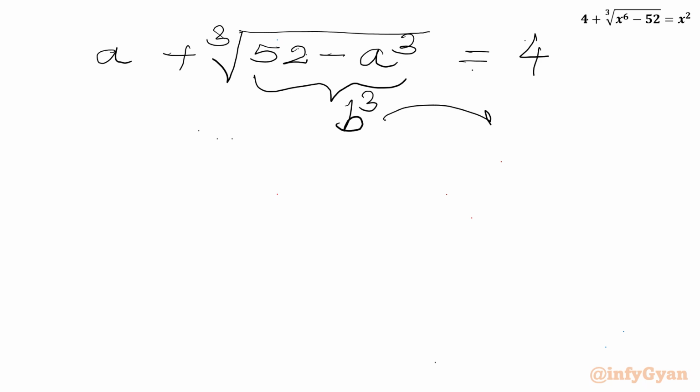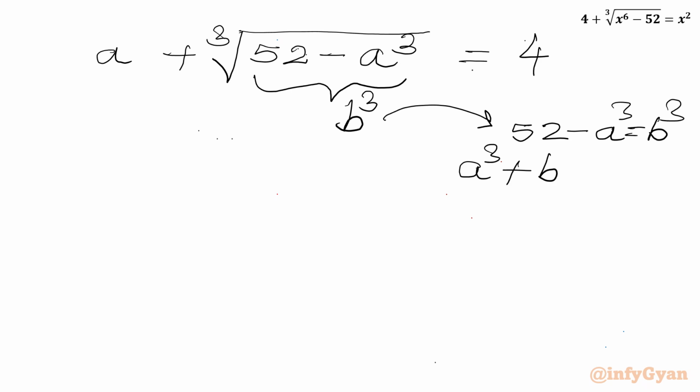So from this substitution I can write 52 minus a cube equal to b cube, or we can write a cube plus b cube equal to 52.